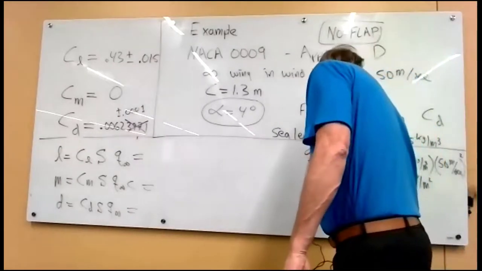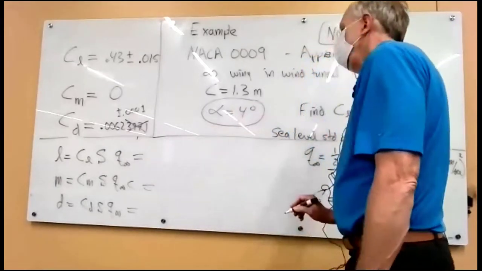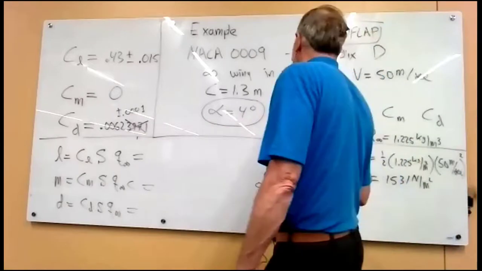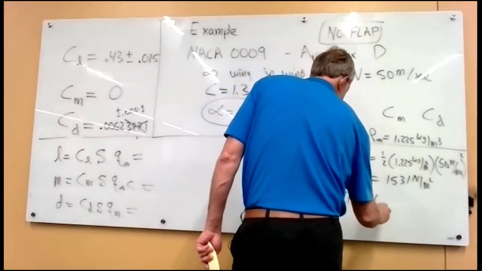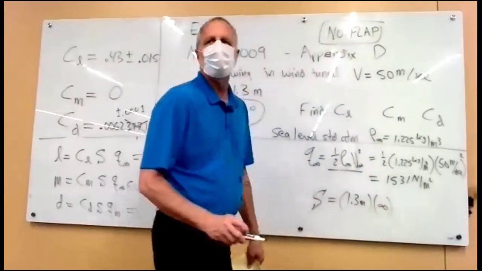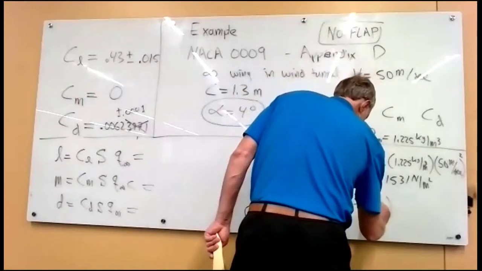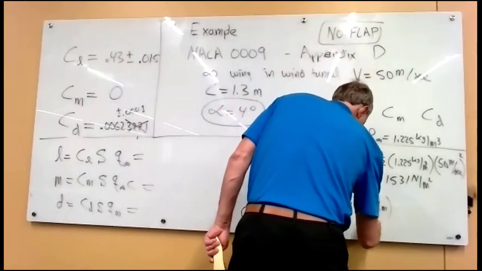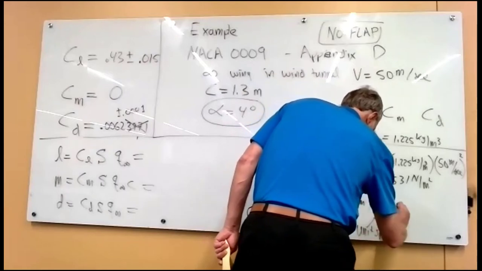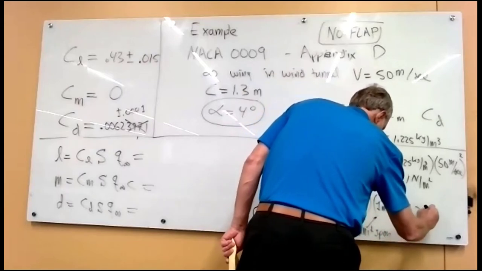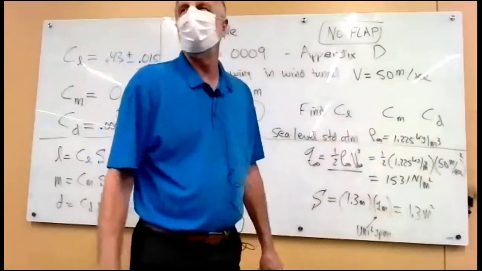Now we need to calculate the area, because I'm going to need that number over here. And the chord is 1.3 meters. And it's an infinite wing, so we put in infinity. No, we don't. We do it per unit span. So the area per unit span is 1.3 meters squared.